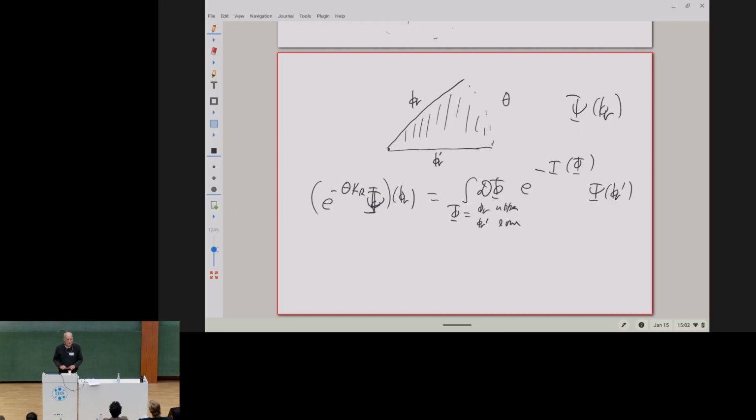If you want to write it explicitly as an operator, you have some initial state psi, and you integrate the kernel times the initial state over the initial variable phi right prime to get explicitly the output state as a function of phi right. One way or another, I hope you can imagine the path integral on this wedge as a path integral construction of an operator e to the minus theta K right.